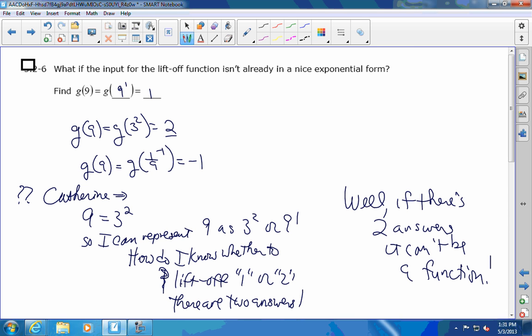So Catherine's saying, if I have a function and I input 9 into my function, to be a function, I can only go to 1 and only 1 output. Only one output can come out of my function machine. G is a function. And now you're telling me I got 3 different answers: 1, 2, and then the one I dreamed up.